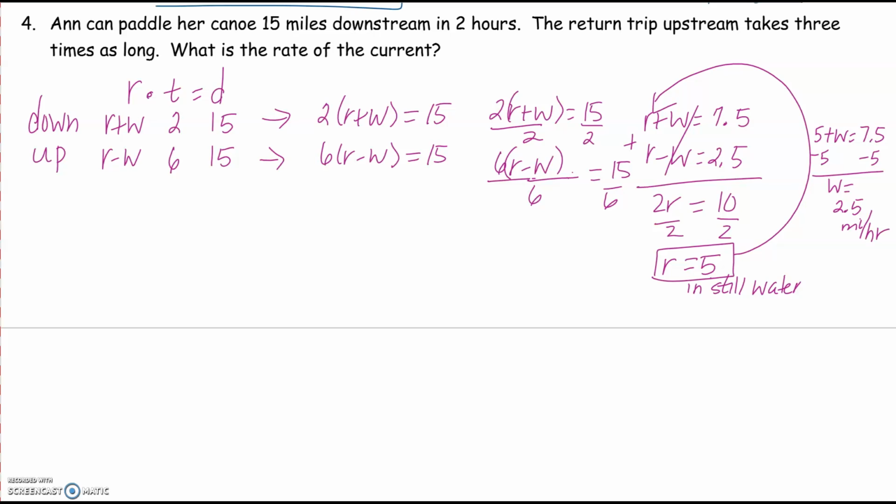So the water current is our W, so 2.5 miles per hour is the current of the water.